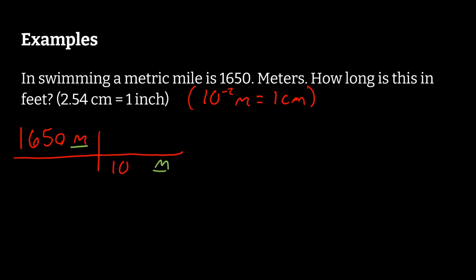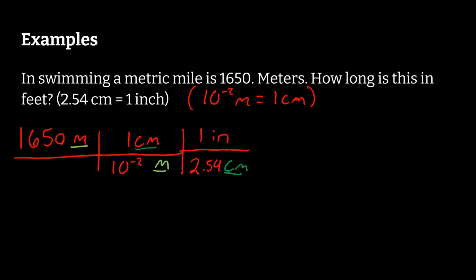So 10 to the negative 2 equal to 1 centimeter. Now that we're in centimeters, now we're able to convert it over to inches. Using the exact same process, centimeters on top, centimeters on the diagonal. We have our 2.54 centimeters equal to 1 inch.